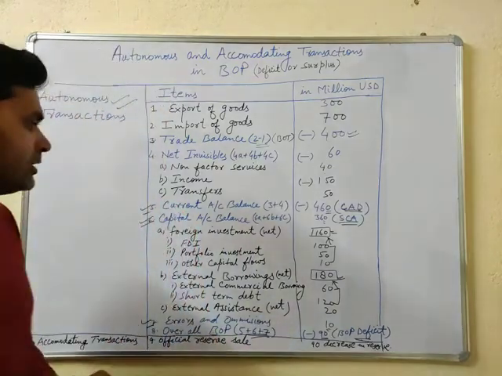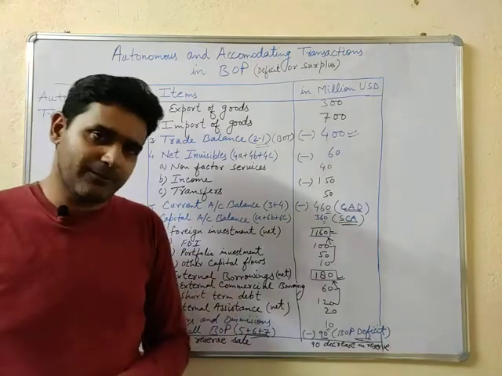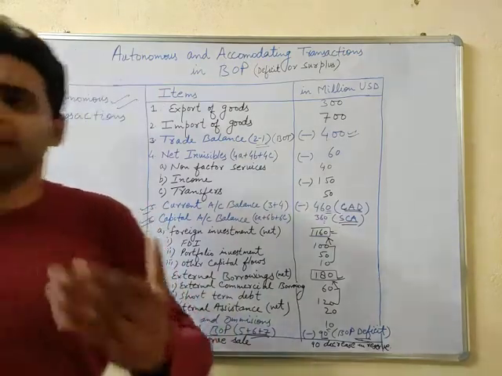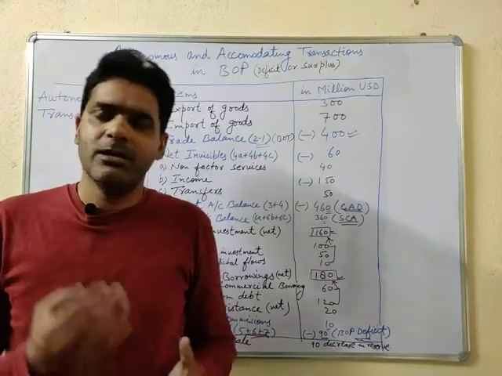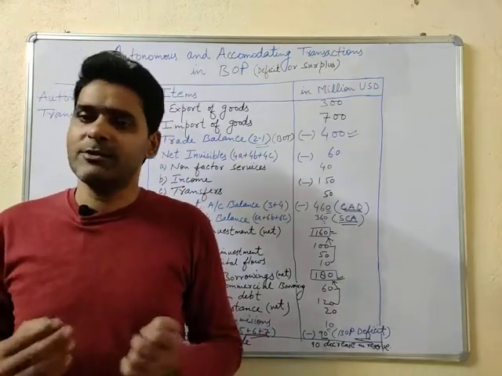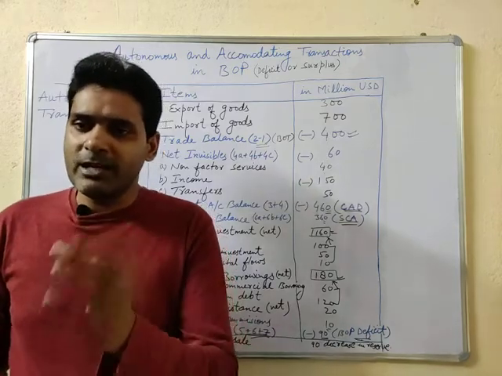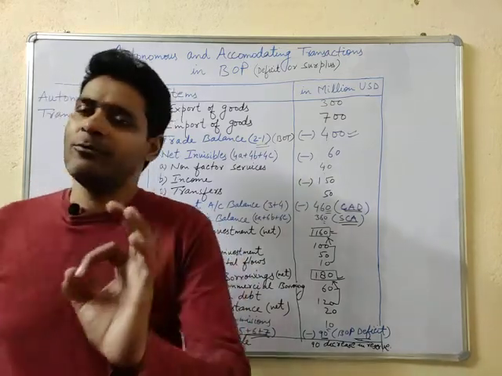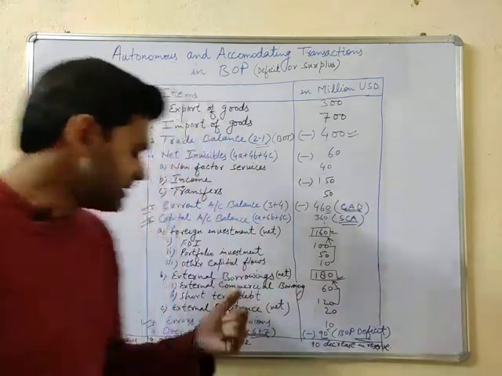So autonomous transactions are responsible for the country's state of BOP. Okay, got it? Now what will happen? There is an official reserve which is kept by the monetary authority of that particular country. For example, in India, the Reserve Bank of India is the central monetary authority of our country. So the Reserve Bank keeps the official reserve of foreign exchange with itself. What will the Reserve Bank do in this case?